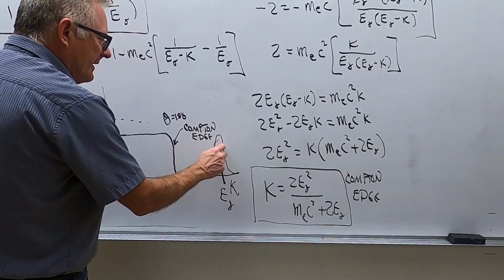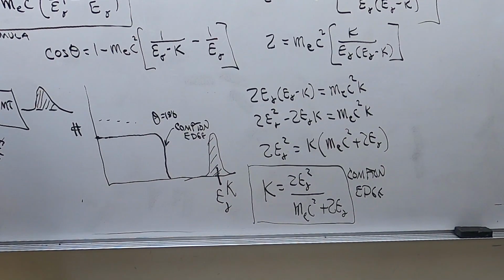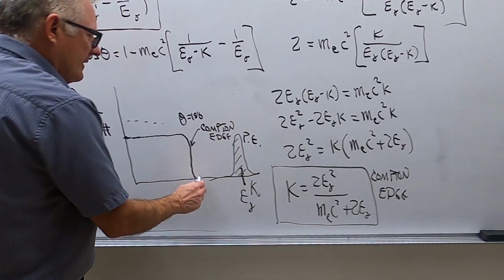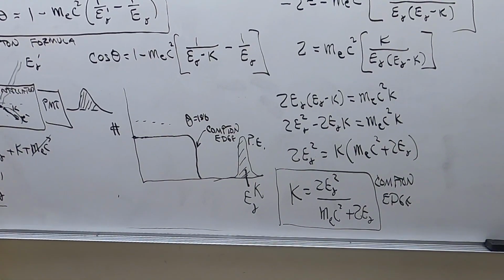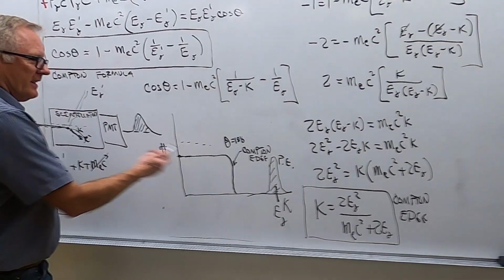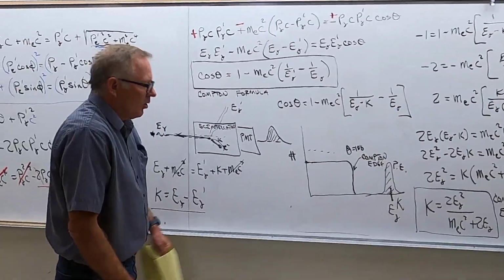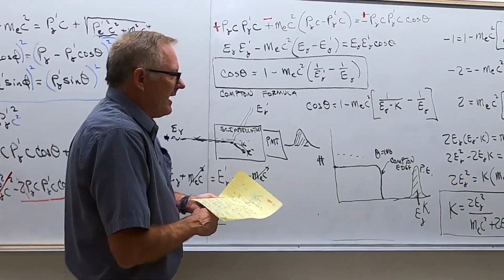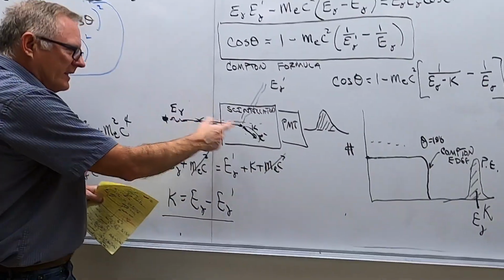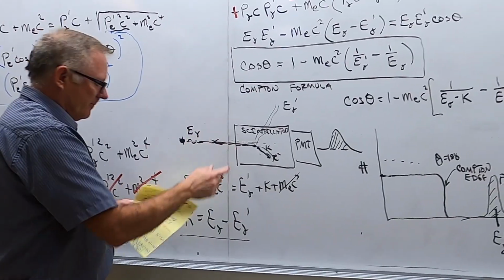These ones right here are due to the photoelectric effect. These guys are due to the Compton effect right here. So this is the spectrum you would see for a detector like that. What if the detector had two different gamma rays coming out right here?